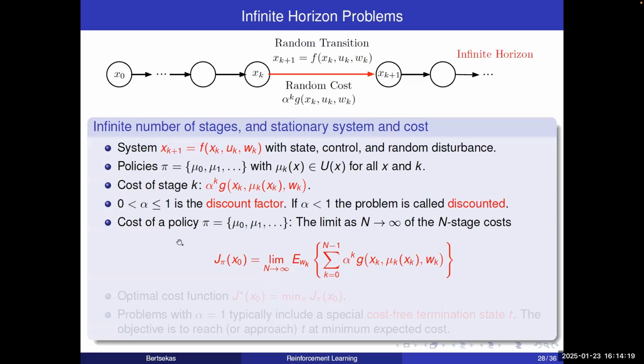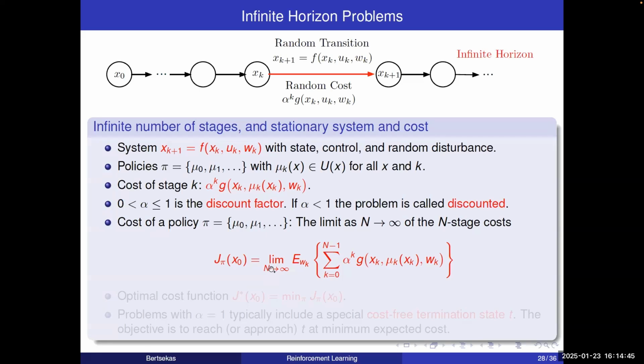Another reason we typically introduce this discount factor is that it makes the mathematical problem well-defined. Given a policy, the cost of this policy is the limit of the finite horizon problem with n stages as n goes to infinity.